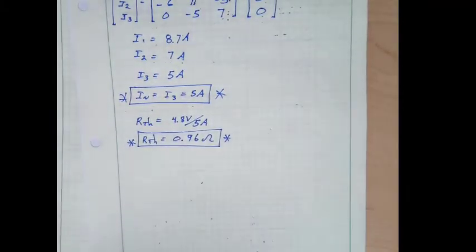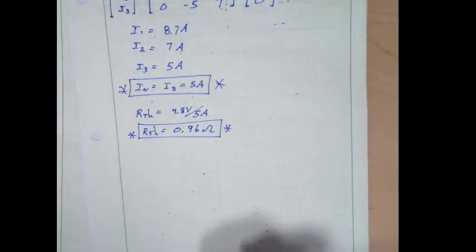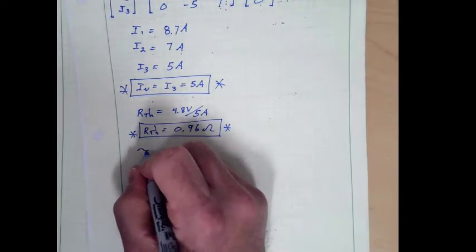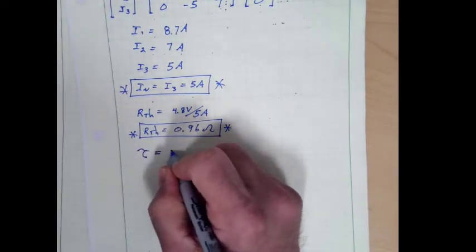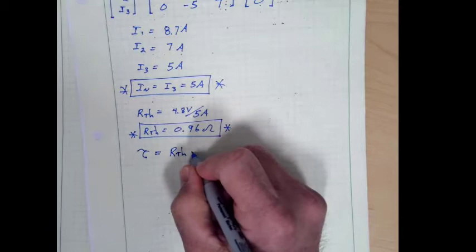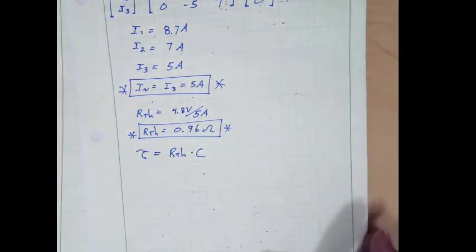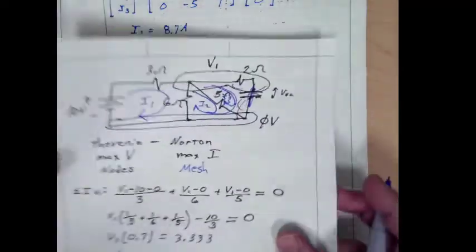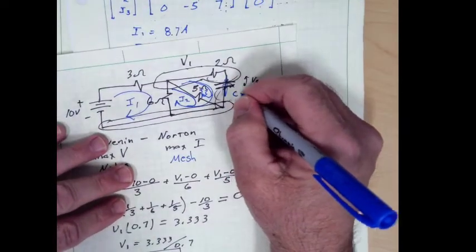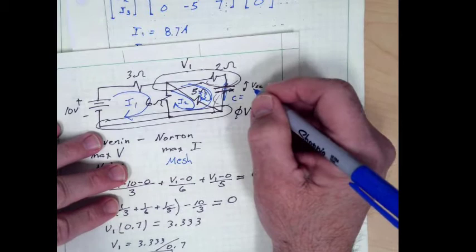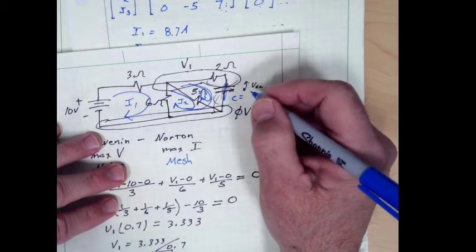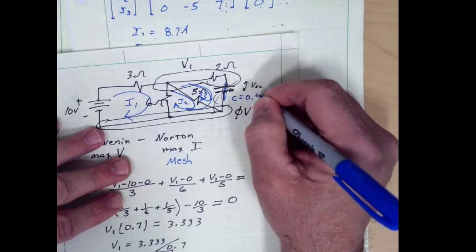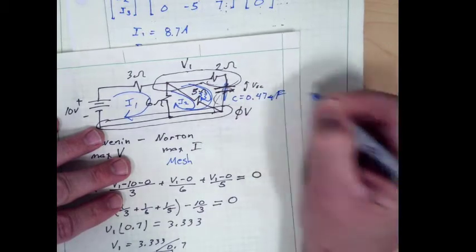And since we're dealing with a capacitor, we want to go ahead and find that time constant, tau, which is R Thevenin times C. I did not give a value for C, so I should probably go ahead and do that. Let's make C equal to, let's choose something different from yesterday, 0.47 microfarads.